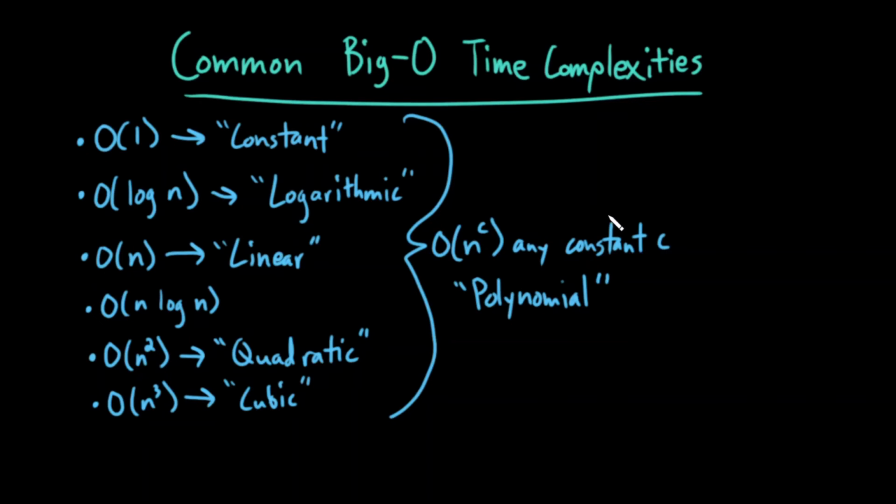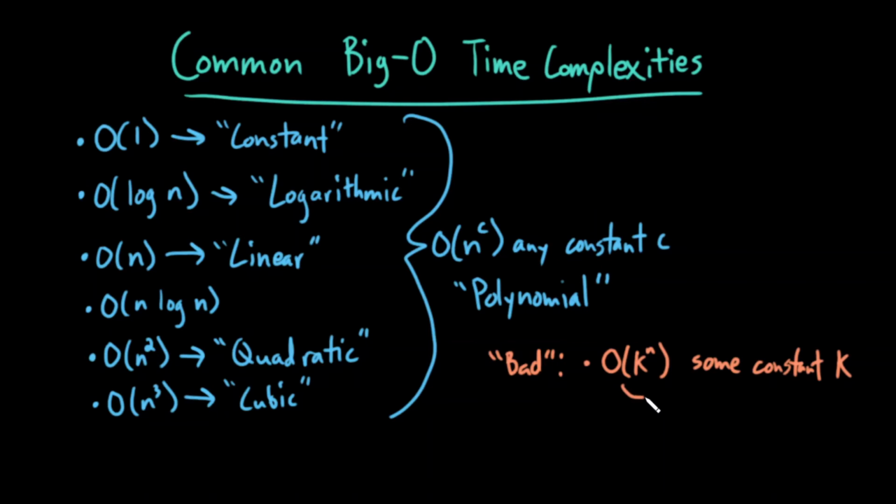Generally, polynomial time algorithms are considered quote-unquote good, versus we have some quote-unquote bad time complexities, such as big O of k to the n for some constant k.